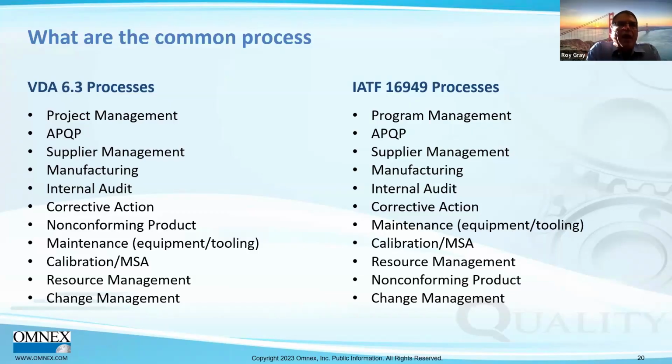Resource management is 6.3 of IATF, plus there are questions throughout all the other process elements in regards to resources and competency. You'll find that in 7.2 of IATF. And then of course change management: you'll see it in P3, P4, and P6 of VDA 6.3 and 8.5.6 of IATF 16949.